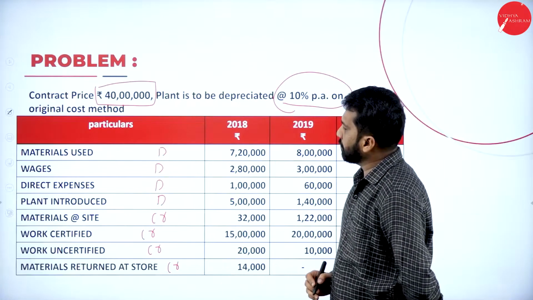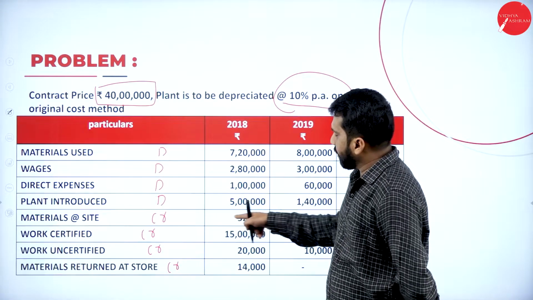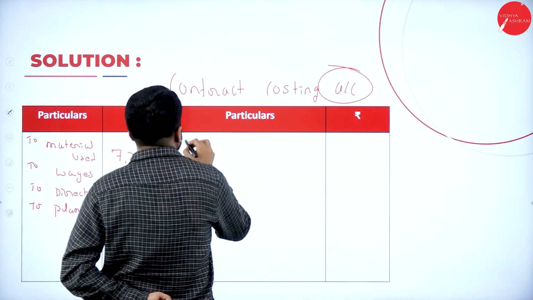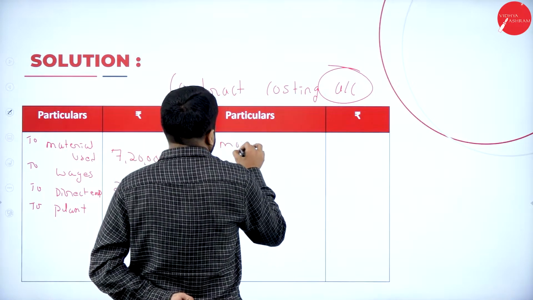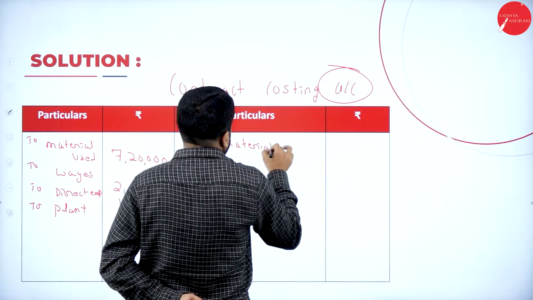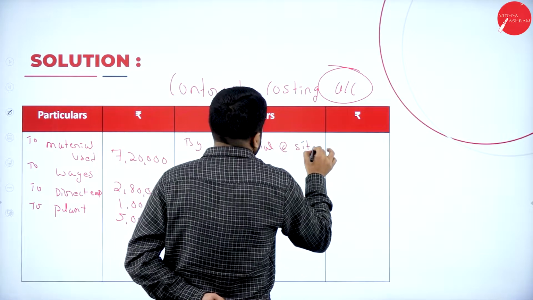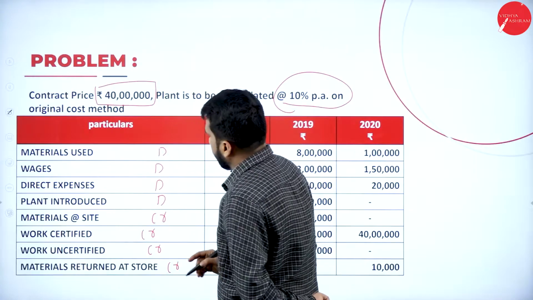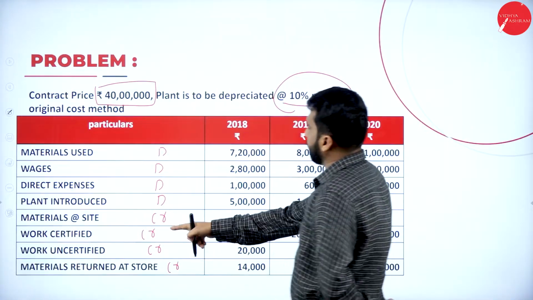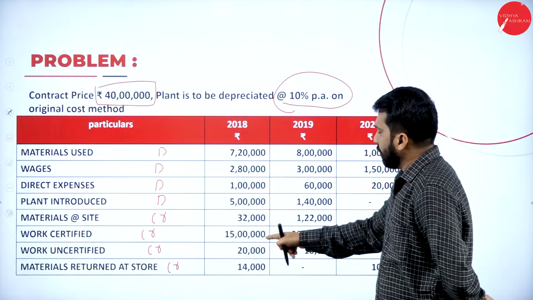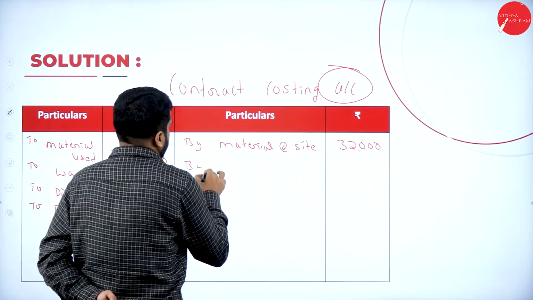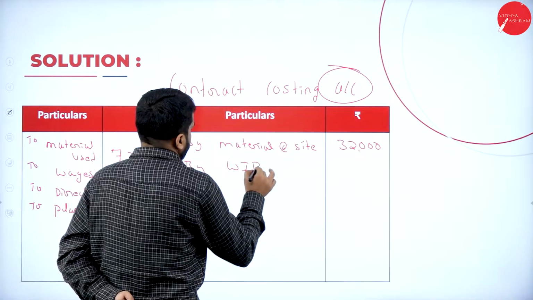After that, material at site closing balance 32,000. After that, work certified and work uncertified 15 lakh and 20,000 by work in progress.